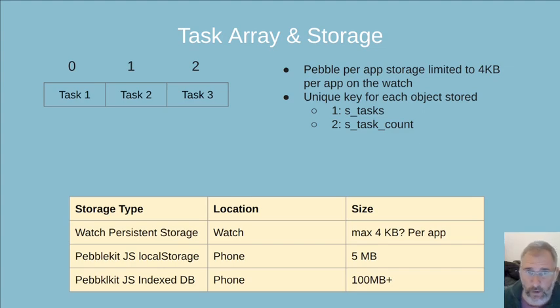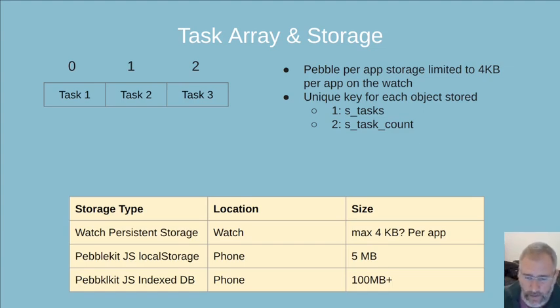Now there's different storage that you can access when you're creating apps for your watch. The smallest but easiest to use is the persistent watch storage. This has a maximum of 4 kilobytes per app, I believe, as best as I can find, which means we're quite limited, and hence why I've got that 35 task limit.